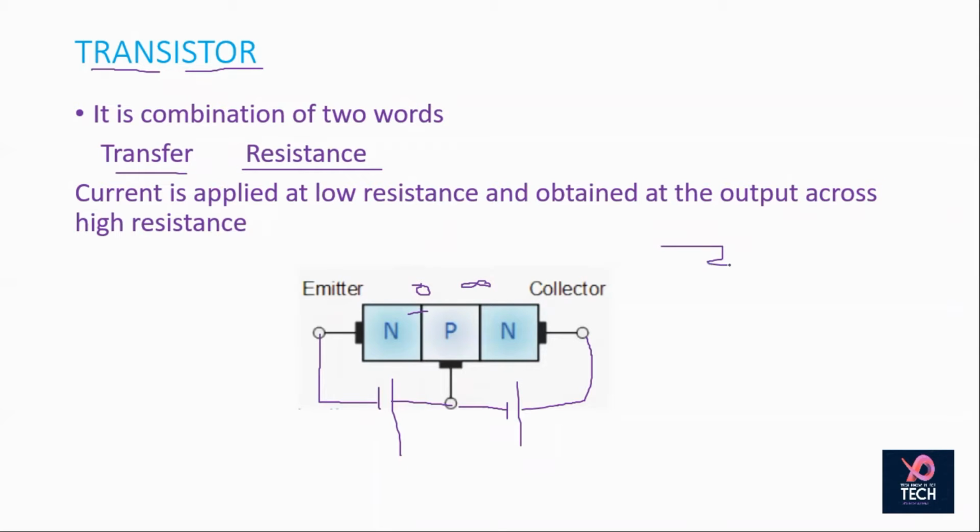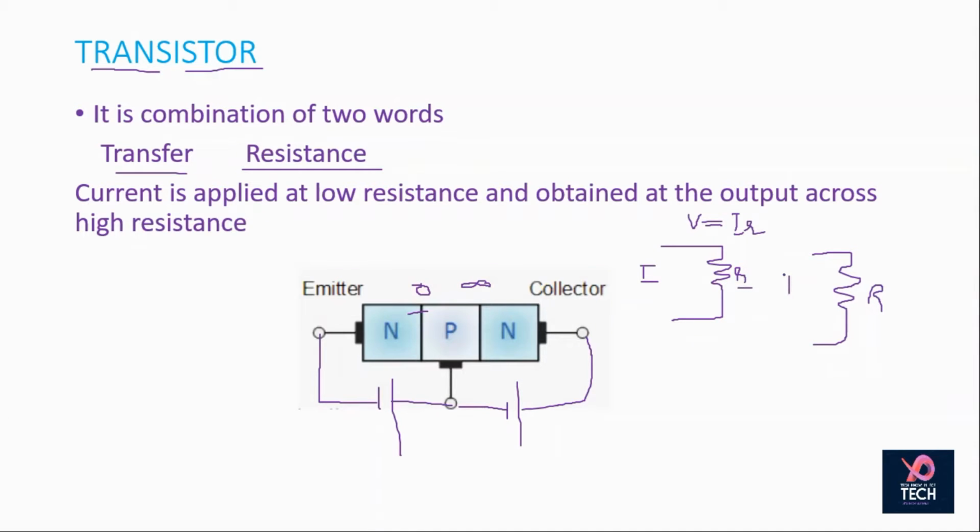Suppose this is your input junction, and this resistance is R. You are applying a current I, then your voltage V is equal to I R. Now this current passes from here and moves towards this junction, which is equivalent to a high resistance, with value R. So this is for small resistance, this is for big resistance.